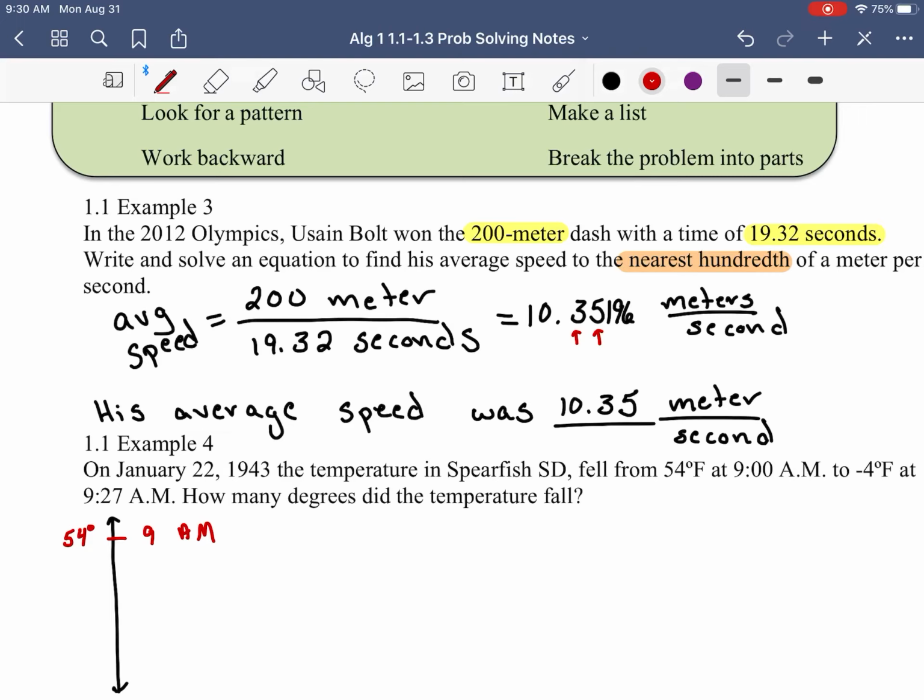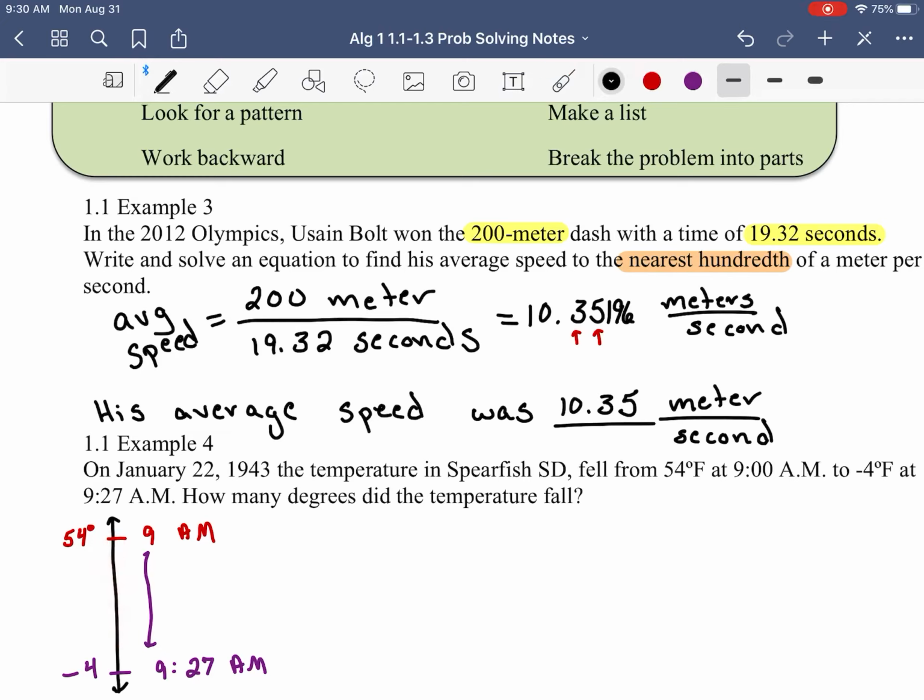So that tells me that it went down. Here we're going down to negative 4 degrees at 9:27 a.m. How many degrees did the temperature fall? Well, it had to go down from 54 to 0.